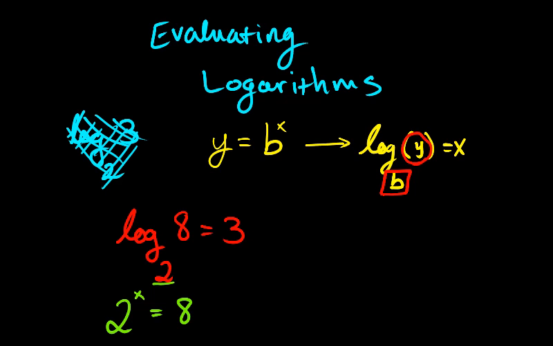But let's look at a few different situations. So the first situation that we'll take a look at is if somebody were to say, what is the log of 100? You say, well, you just told me that I needed a base, and I can't see it. One thing to notice is that if the base is not written, then it is assumed that the base is 10.